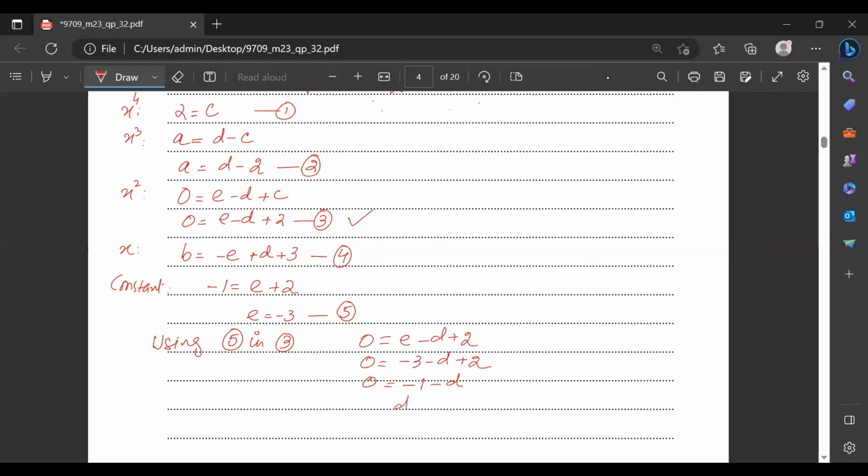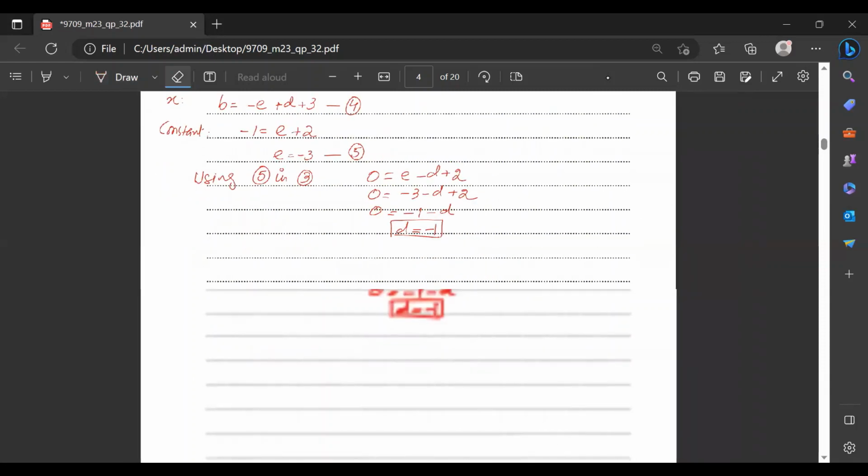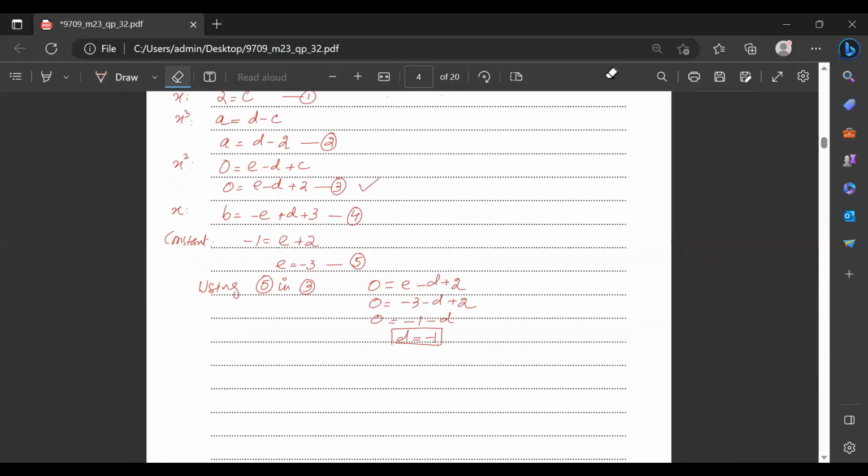So the value of d is equal to minus 1. This value of d can be used in number 2.